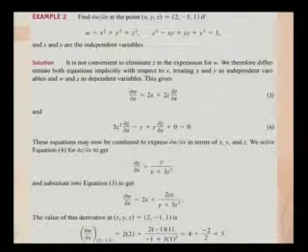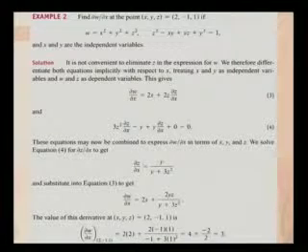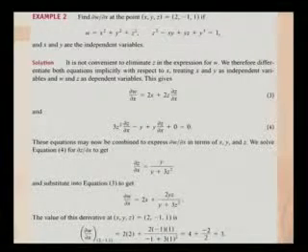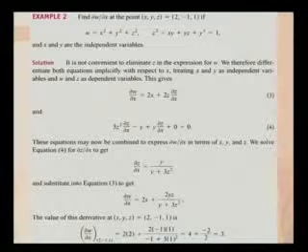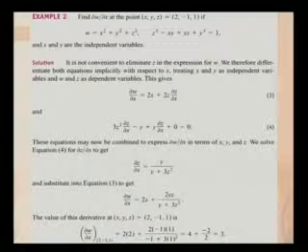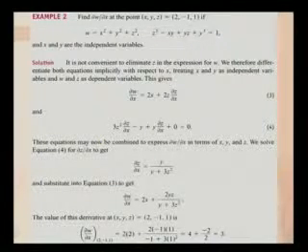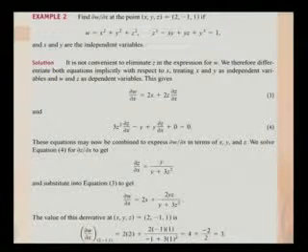Y is an independent variable, so its partial derivative with respect to x is 0, so del w by del x is equal to 2x plus 2z into del z by del x, and for the condition, 3z squared del z by del x minus y plus y into del z by del x plus 0 is equal to 0. These equations may now be combined to express del w by del x in terms of x, y and z.